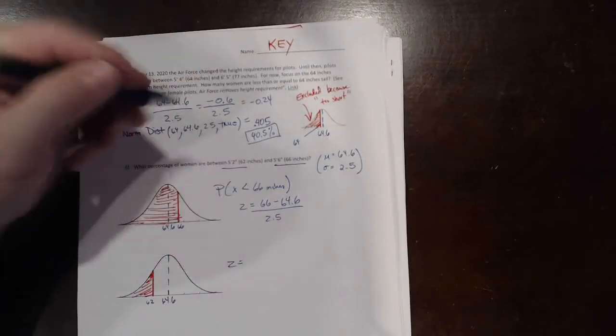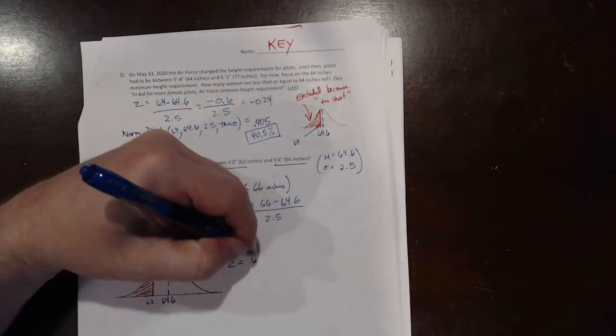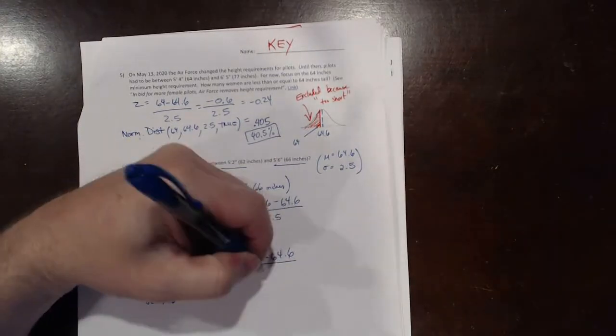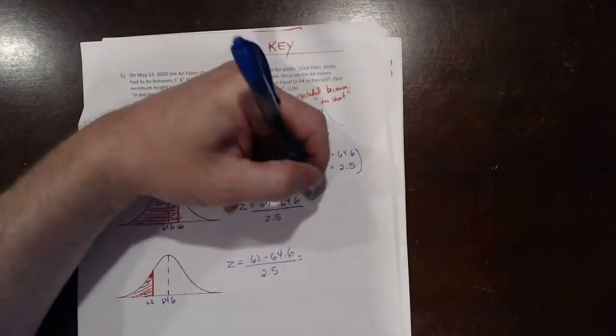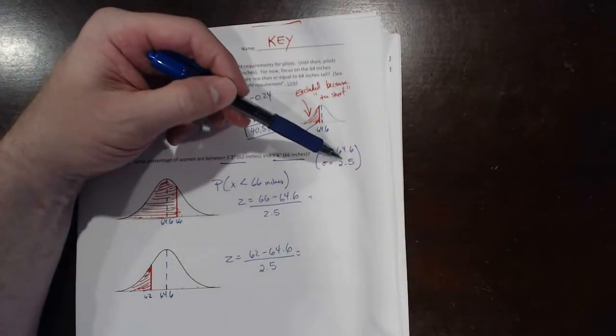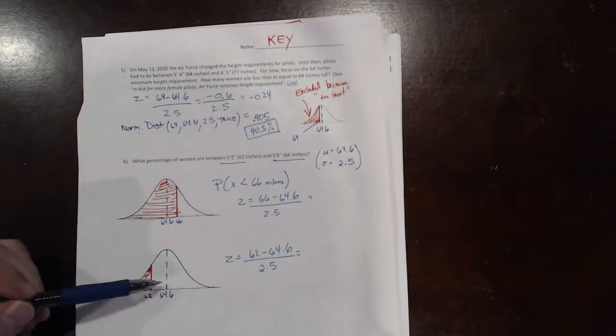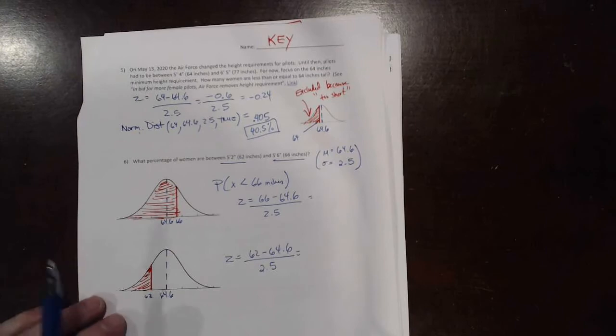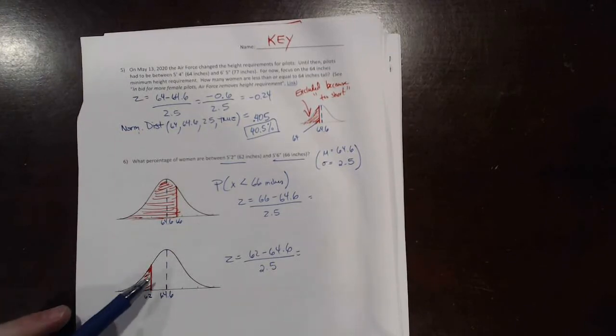This one is going to be 62 minus 64.6 divided by 2.5. So that is almost exactly one standard deviation below. So this will probably be 50% minus 34%, so somewhere around the 15.5, 16% range.